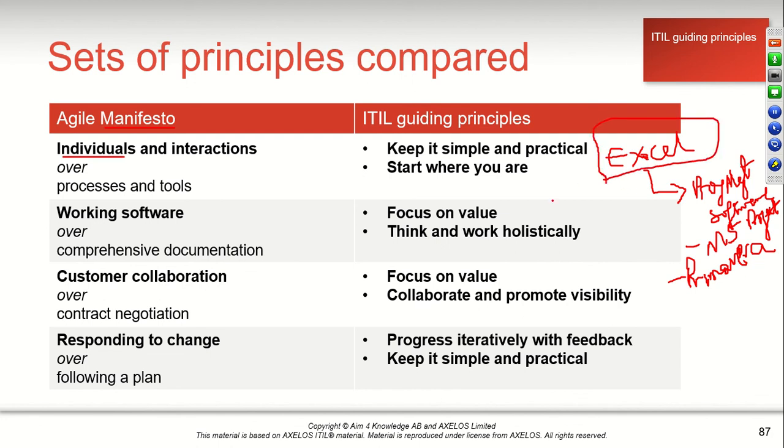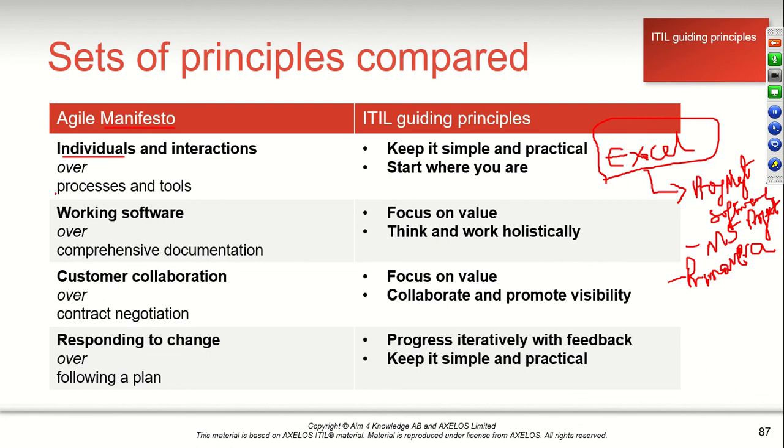And that is what we mean by keep it simple and practical. Excel is simple for them to use, it is more practical for them to use, then let them use it, rather than telling them you must go and learn Microsoft Project, you must go and learn Primavera. And that also aligns with the Agile Manifesto, which says individuals and interactions are preferred over processes and tools.